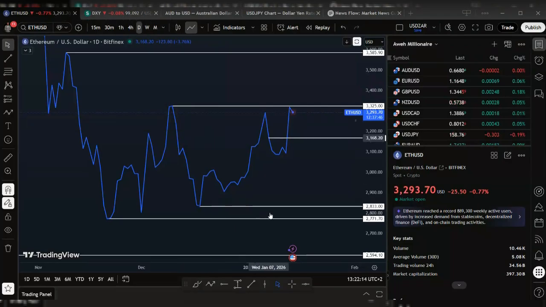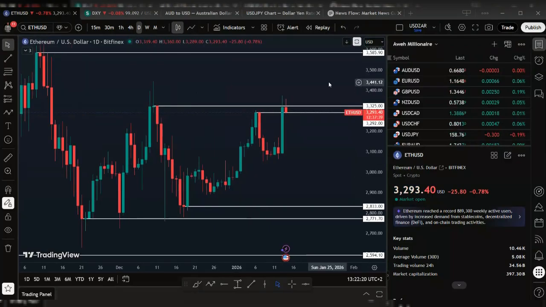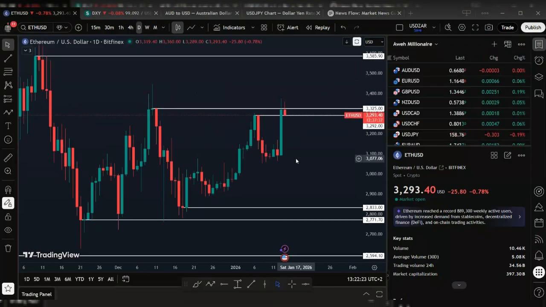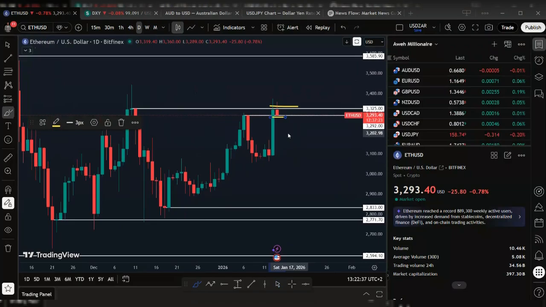What we can see over here is we've got price currently within a range, where the top of the range is at the 3,325 level, and the bottom of the range is at the 3,292 level, on our major zone of consolidation here on ETHUSD, which is Ethereum.